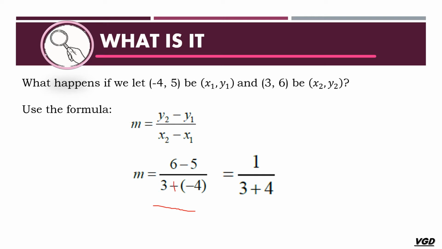The operation will become positive, and the subtrahend will become positive. So we will already have 1 over 3 plus 4. So the answer is 1 over 7.